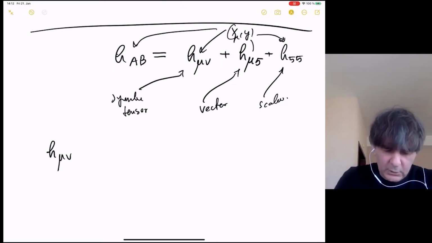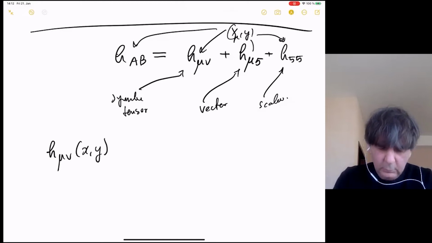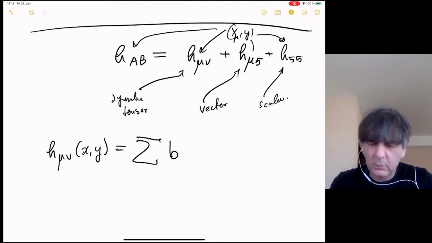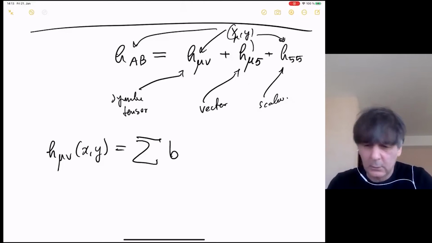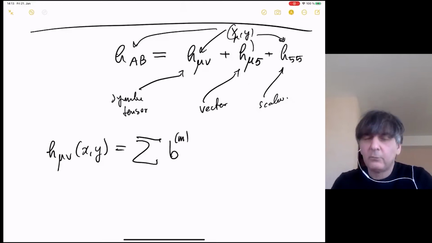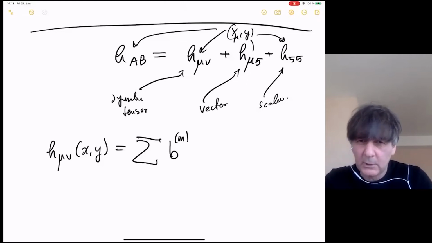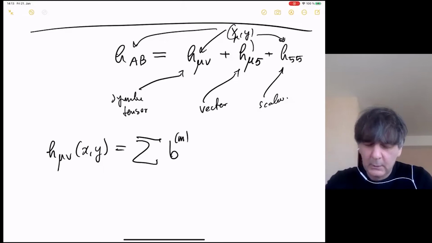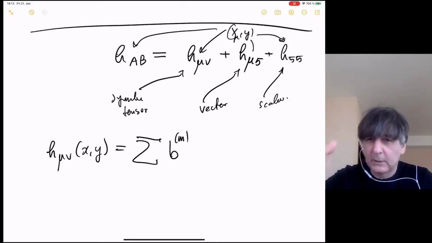So what you need to do is decompose these different components into different harmonics. Choose some complete set of functions. Actually, if the compactification is simply flat compactification on a torus, these Fourier functions, the complete set of functions, would be simply literally Fourier exponents, plane waves.